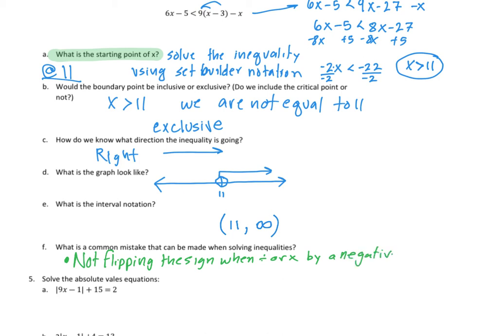That's one of them. Also, sometimes I'll see people flip the sign when you're just multiplying by a positive. So the sign only is flipped when you're dividing or multiplying by a negative. Let's just keep that in mind.